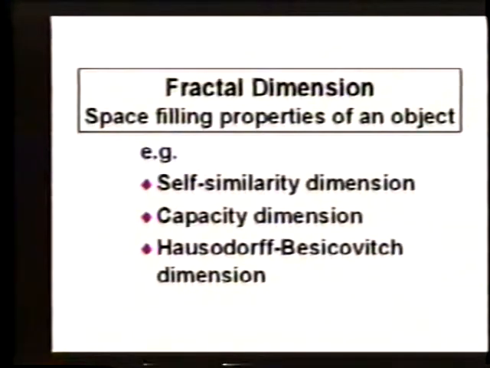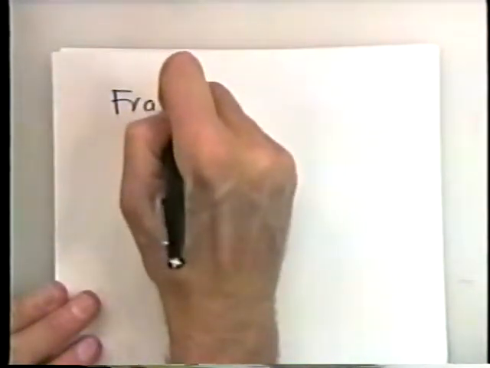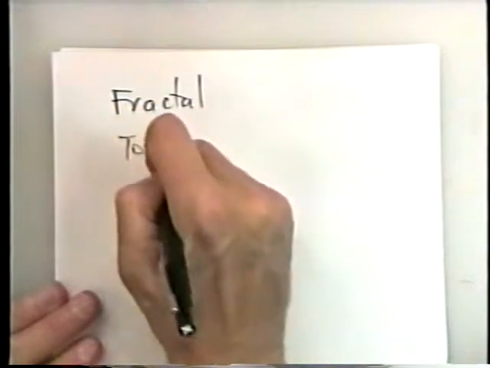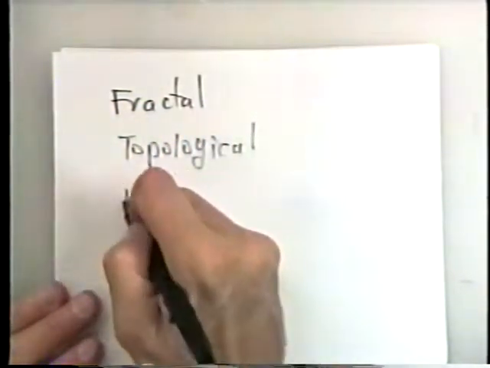Let me write down the three overall types over here first. So the three types of dimension are going to be the fractal dimension, the topological dimension, and the embedding dimension.